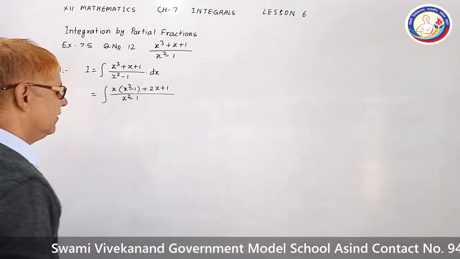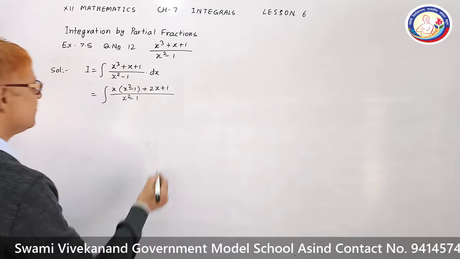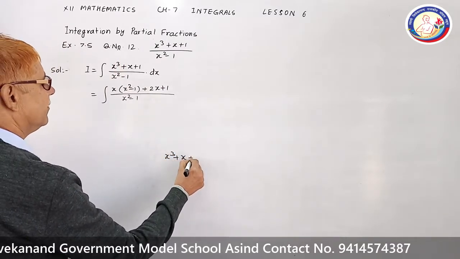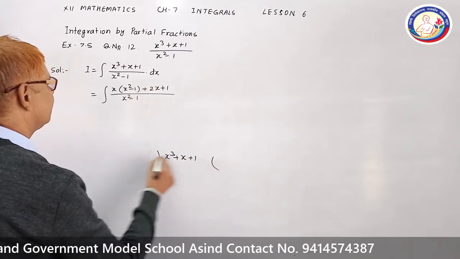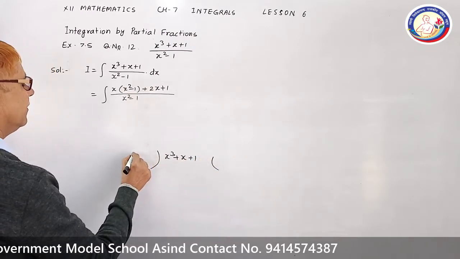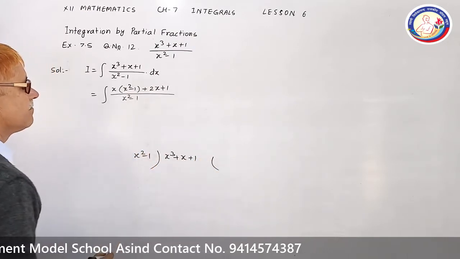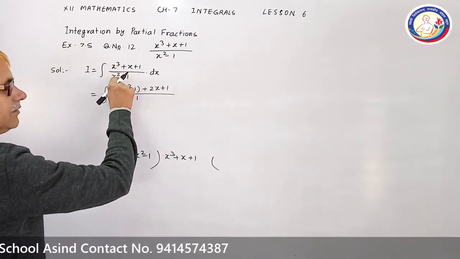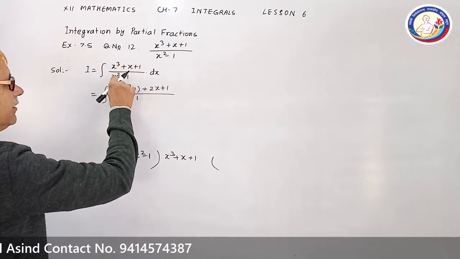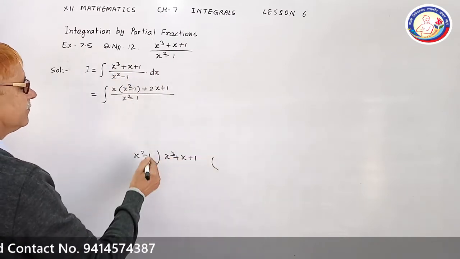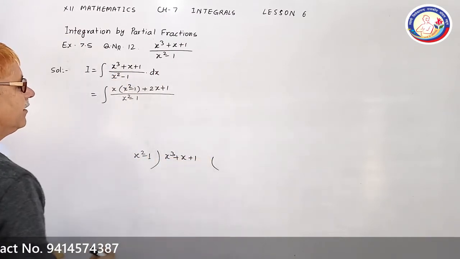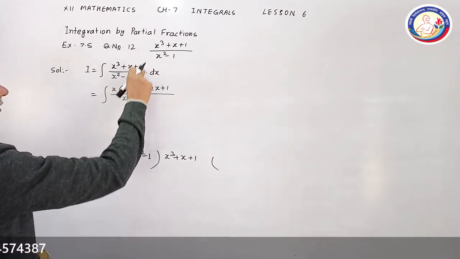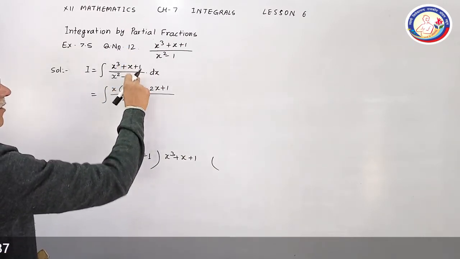And in another way, we can divide x cube plus x plus 1 by x square minus 1, because the power in the numerator is 3 and in the denominator it is 2, so this is greater than this, so we have to divide it. It is not a proper fraction, it is in the form of improper.